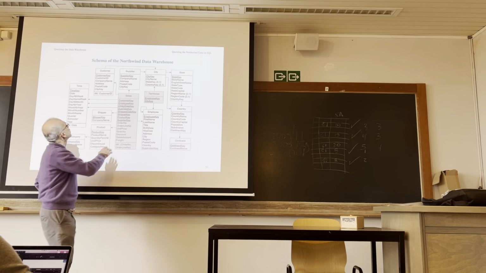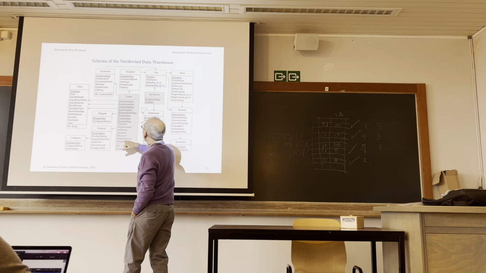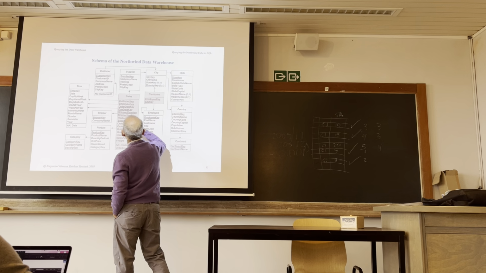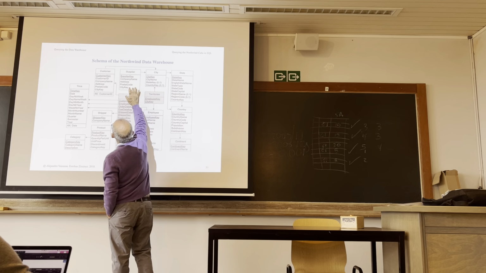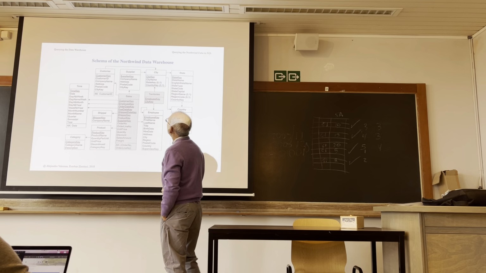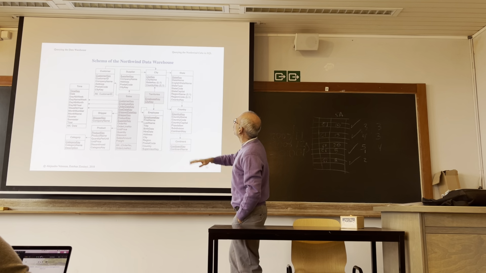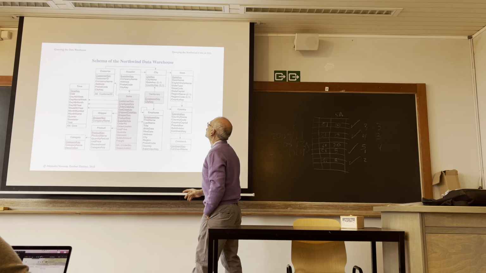We have in addition other dimensions here: the shipper of this product, the product itself, the employee that managed that order, the supplier of this product, and the customer that bought this product. And in addition, we have a shared geography dimension.